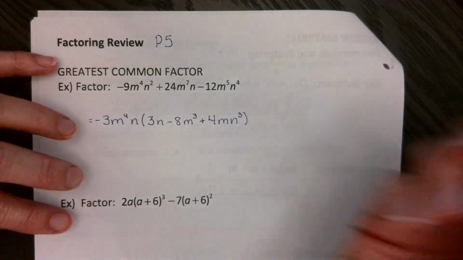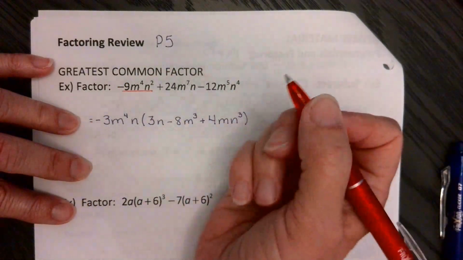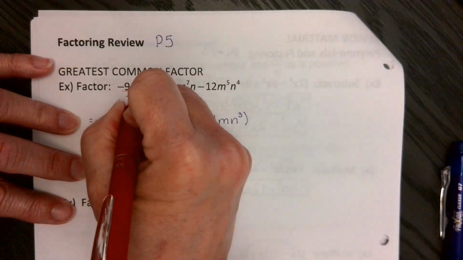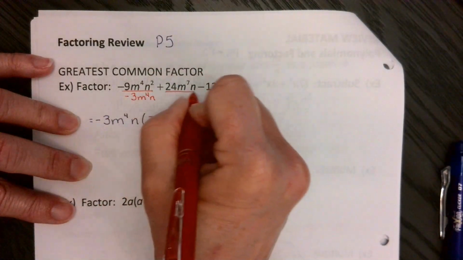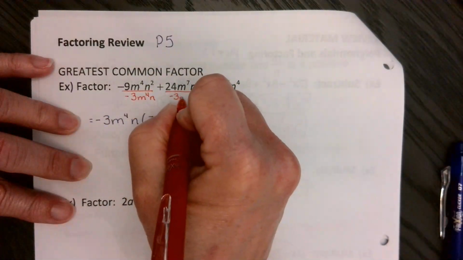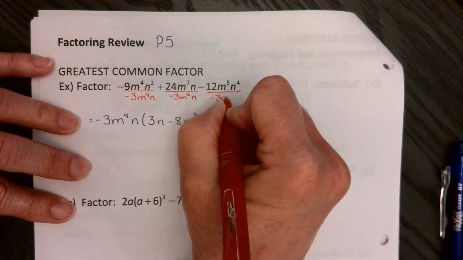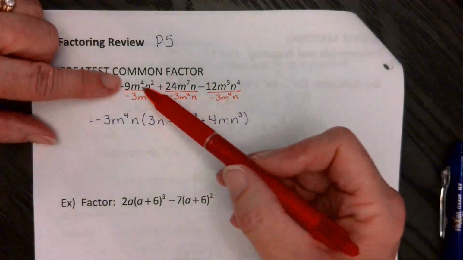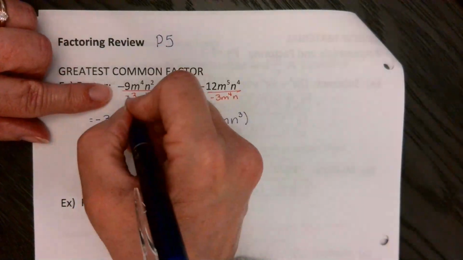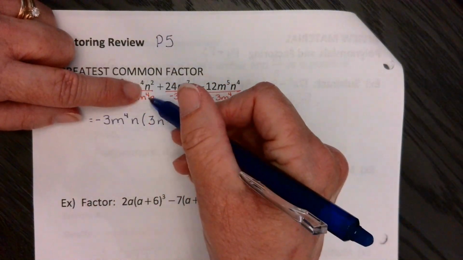What we're really doing to get what's left over in the parentheses is dividing each term by our greatest common factor. When you divide these out, here's where you get 3. Subtract your exponent and you get 0, so you don't need any.